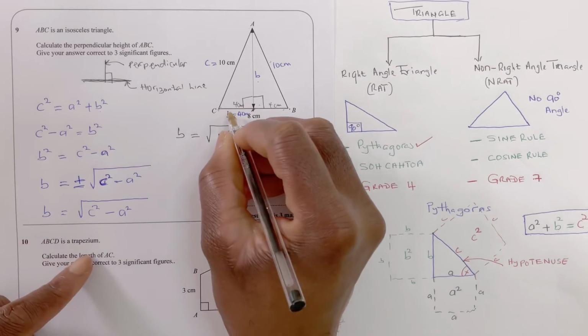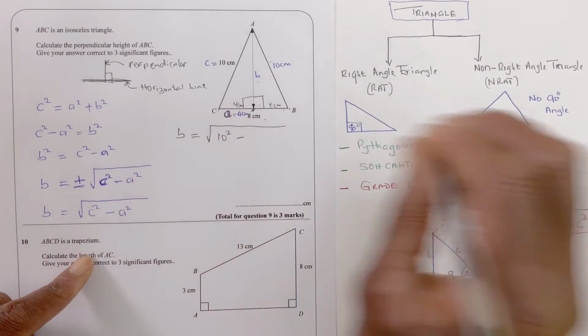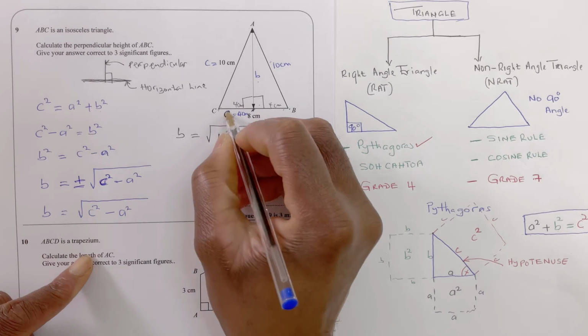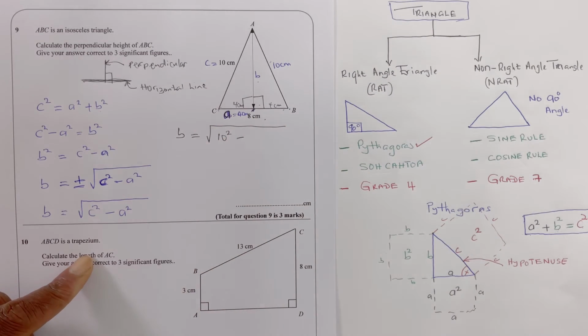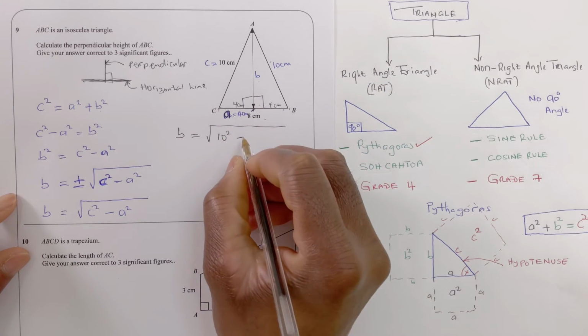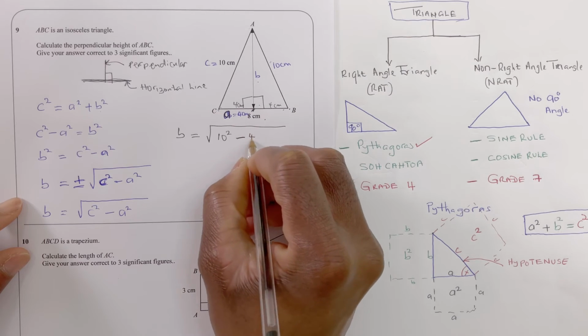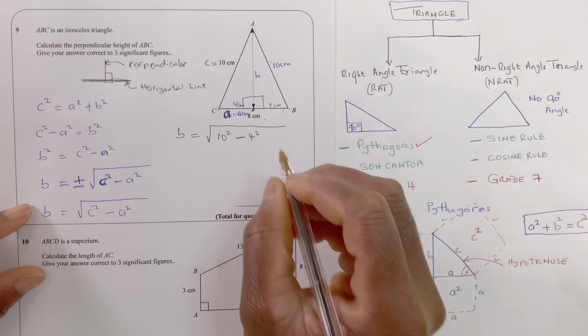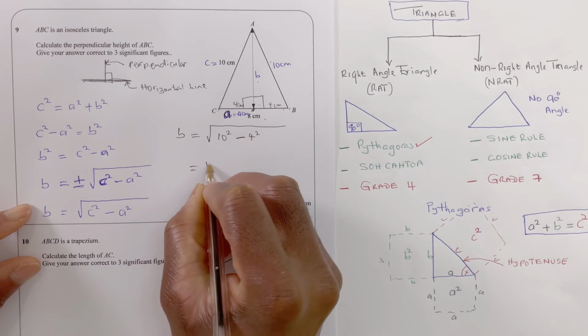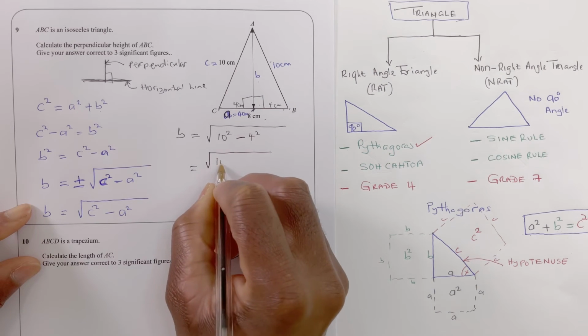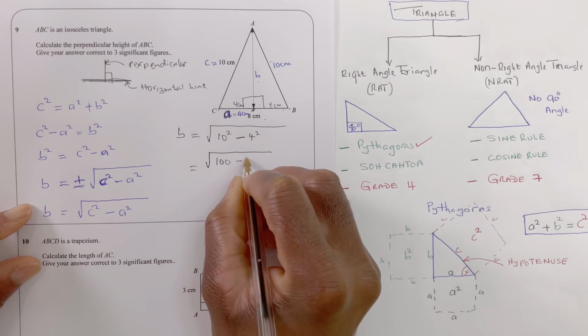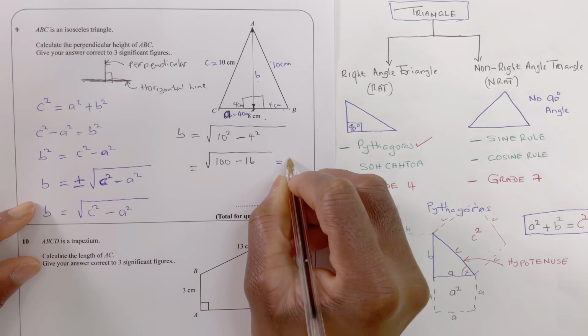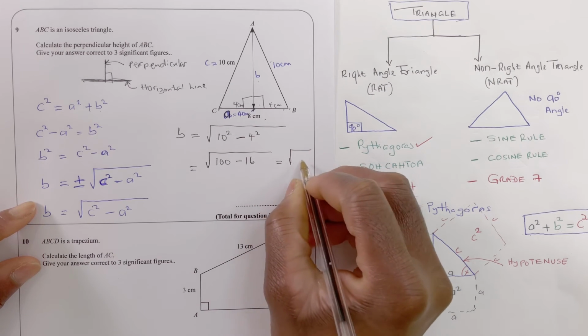Remember that's B, that must be A. Just write it properly. That's A. So A is 4, so that will be 4 squared. And that will be square root of 100 minus 16, which will be root of 84.